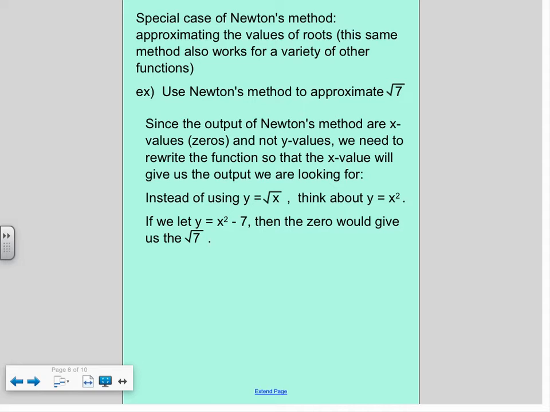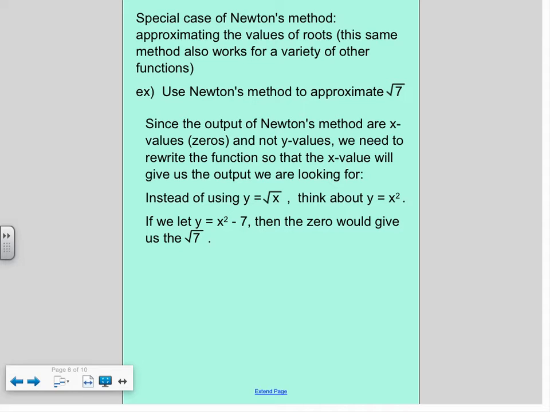Now, if y is x squared and we're subtracting 7 because we have the square root of 7, think about this: whatever number your x equals would give you the approximation for that root, because we're finding x values. So if x squared equaled 7, that means x would be the square root of 7.